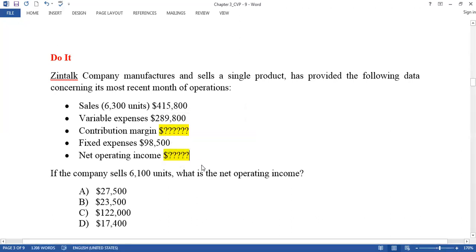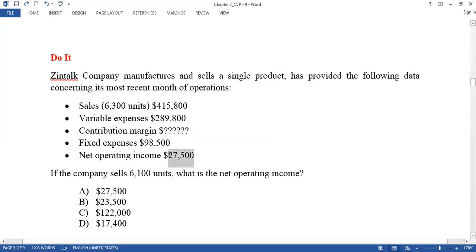The question gives you sales of 15,800. The question gives you quantity sold, the variable cost, and the fixed cost. And maybe the question will also give you the profit. So these are the givens.